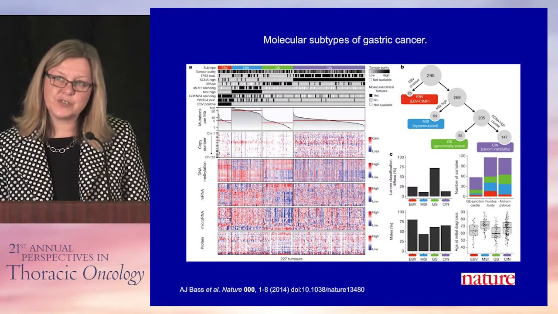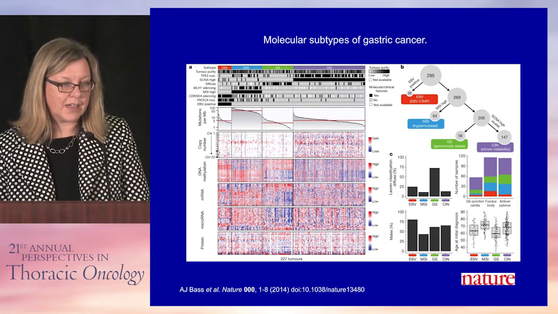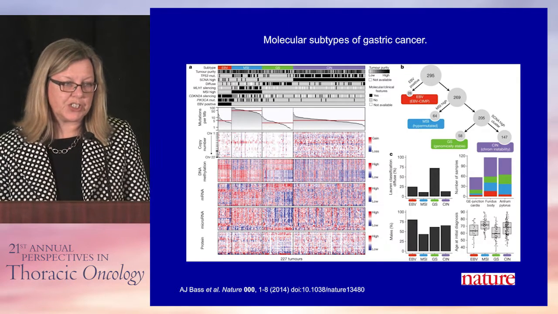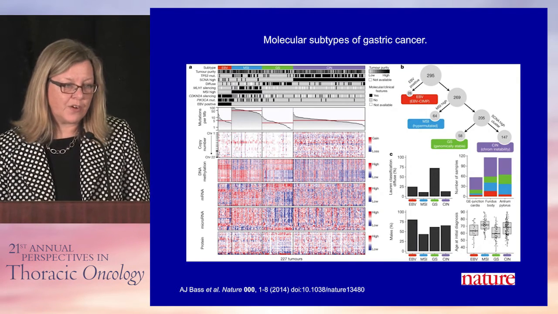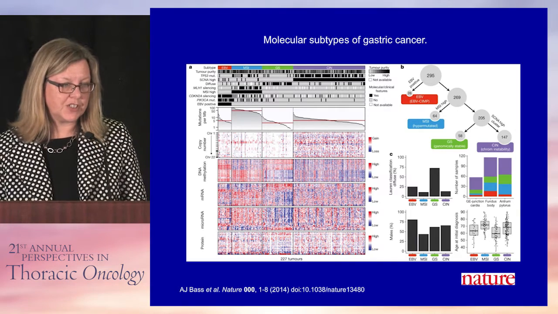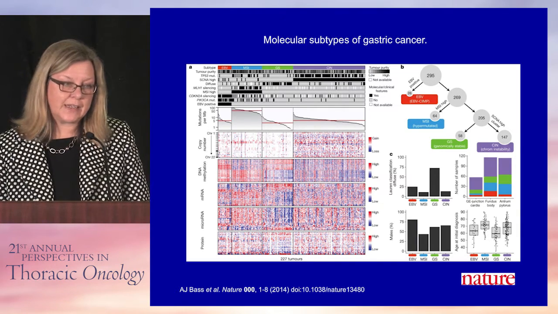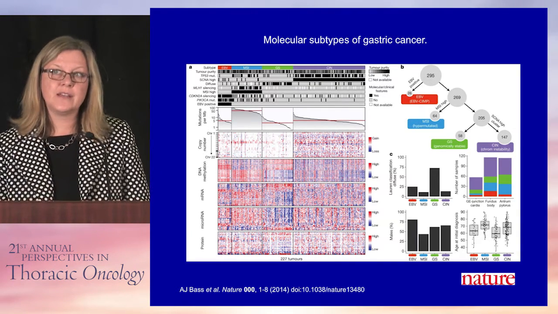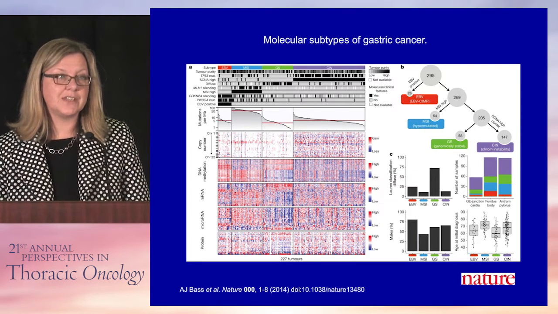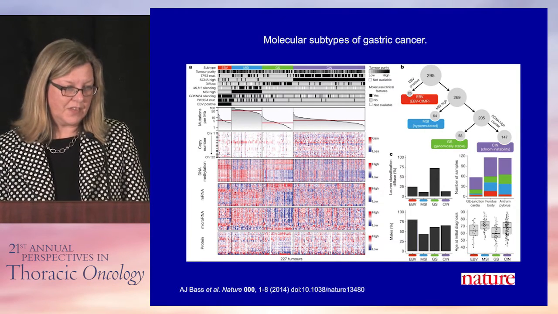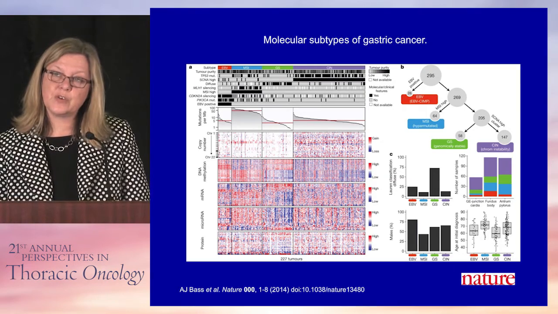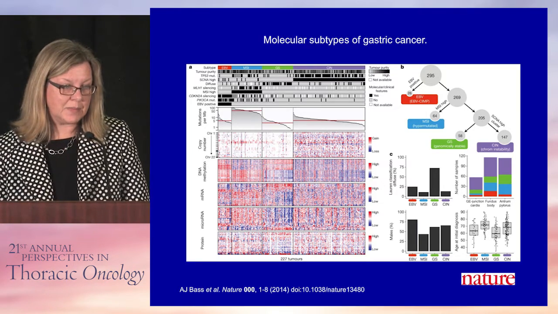So the Cancer Genome Atlas analysis of gastric cancer, which includes GE junction cancer, confirmed that there are 4 principal genomic signatures. There's an EBV-related type of gastric cancer. This is less likely to involve the GE junction and is less common in the United States. There's those patients who have microsatellite instability.